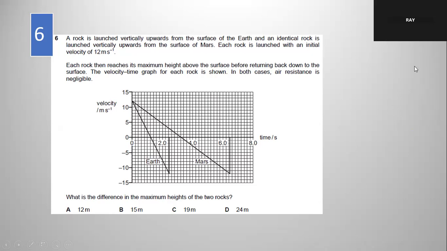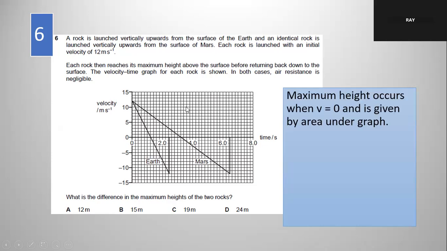What's your answer? So I put C. Area of this triangle, no? One of them. The other one is area of this triangle. Maximum height occurs when velocity is 0 and is given by area under the graph. Difference is half 12, right?